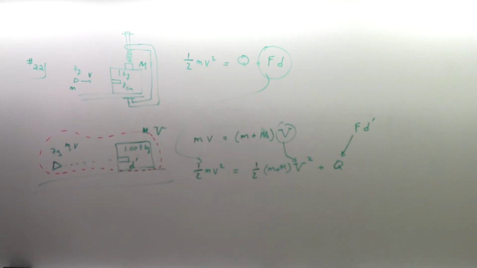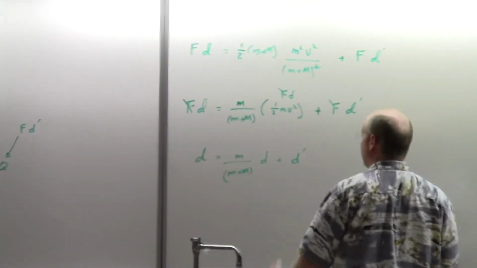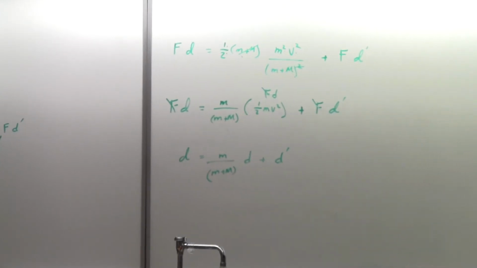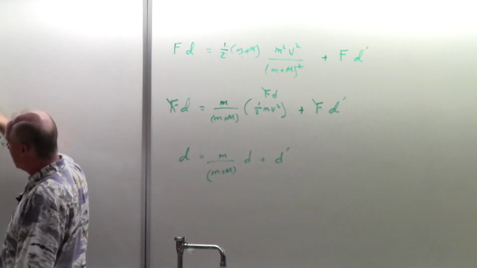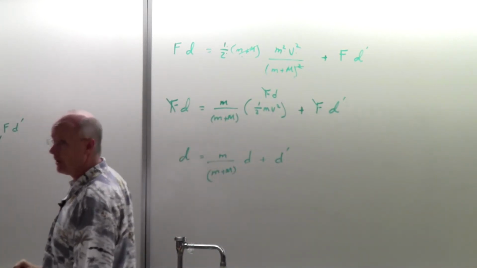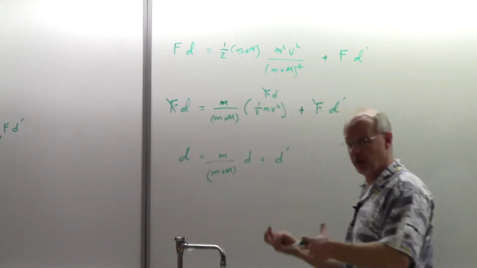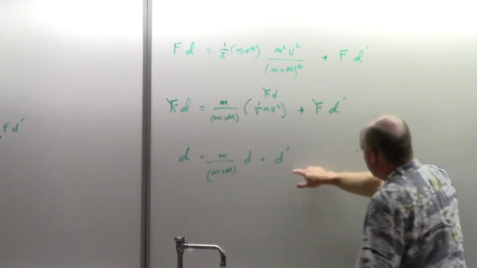And so I get d equals m over little m plus a big M times d plus d prime. So there it is. That's what these three pieces of information work out to be. Conservation of energy here, conservation of momentum and conservation of energy here. Take the equations, put them together, and I can solve this for d prime.